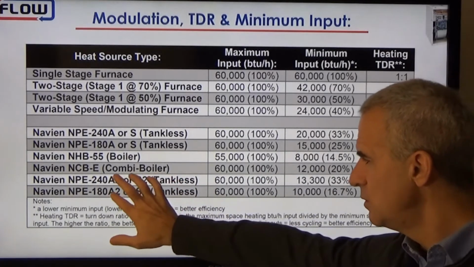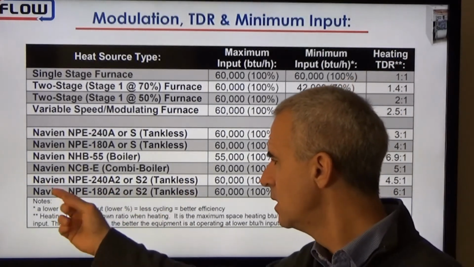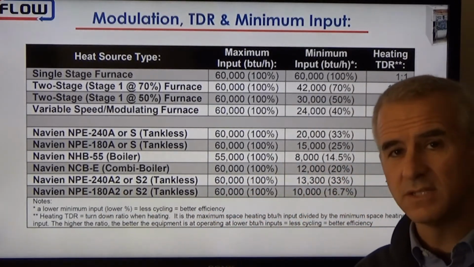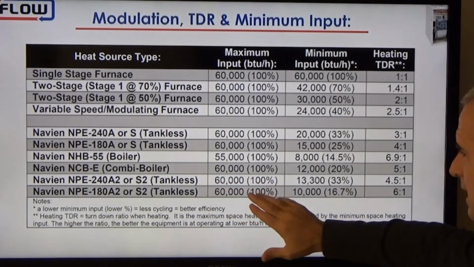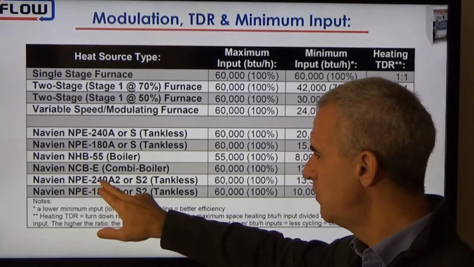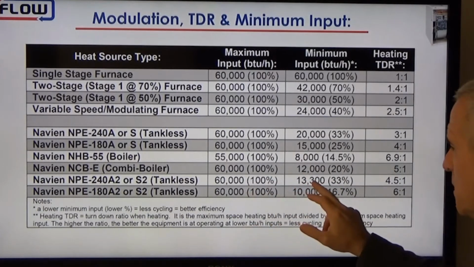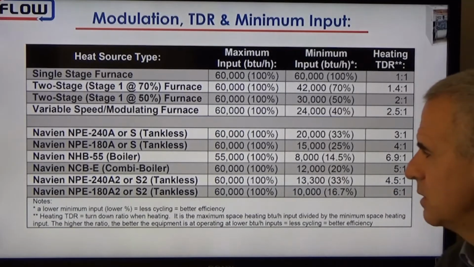And then we've got two new units. Navien will have two new units coming out in March 2021, the A2 and the S2. 15:1 turn down ratios on those two units, so we're looking forward to using those on the heating side. The NP240 A2 will come in at 13,300 as its minimum input, 33%, or a 4.5:1 turn down ratio.